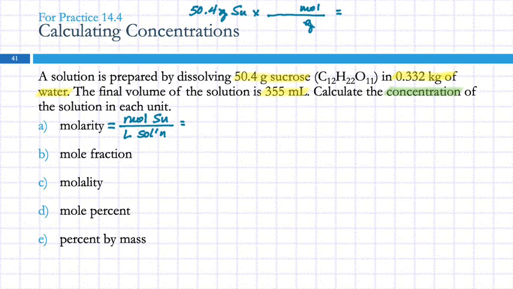We have 12 carbons times 12.01 plus 22 hydrogens times 1.008 plus 11 oxygens times 16. So 342.3. So 50.4 divided by 342.3. So that's going to give me 0.14724 moles of sucrose.